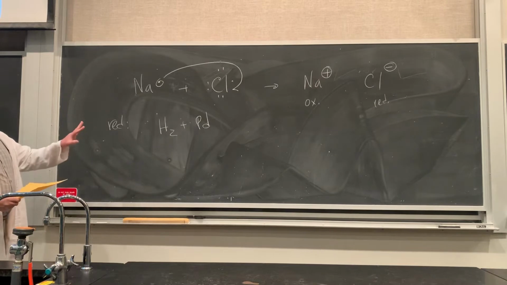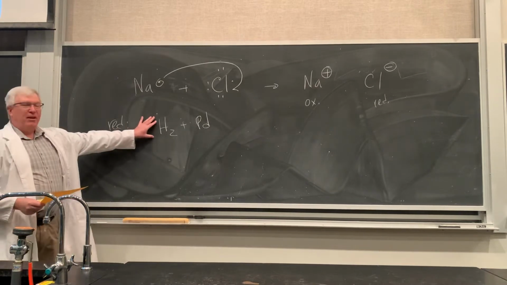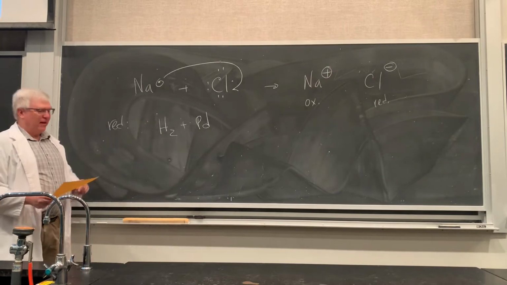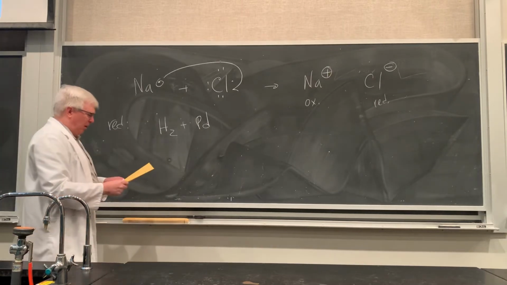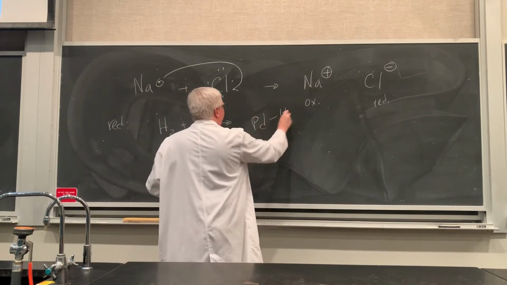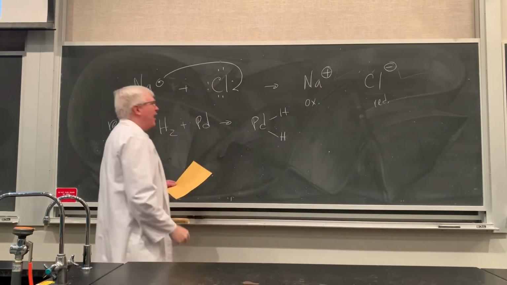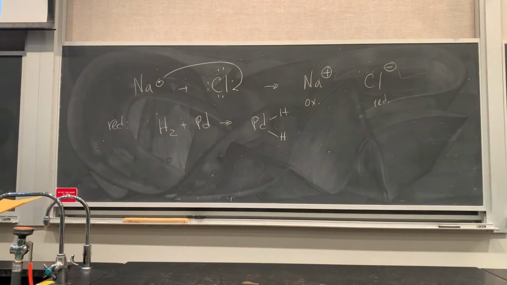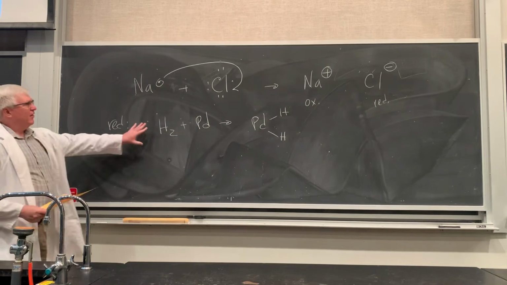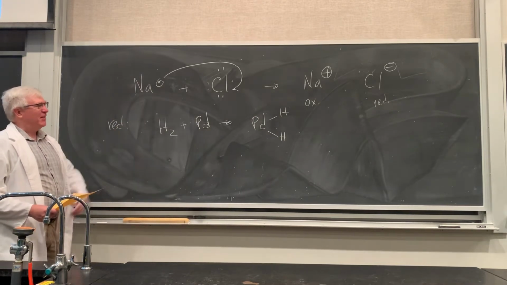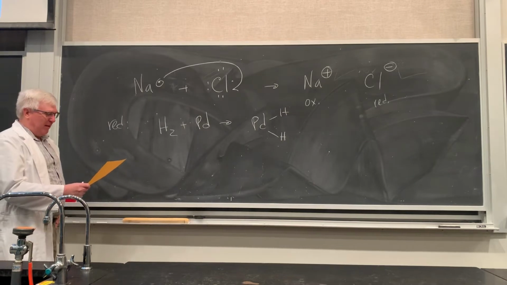Those two things together have the potential to deliver the hydrogen atom and reduce an alkene or an alkyne. So the actual thing that does the reduction will be a palladium hydride. We'll go over the mechanism a little bit for that, maybe not too much, but you can see this is going to be a hydrogen-rich reagent. It's going to have the potential to add that to the substrate.